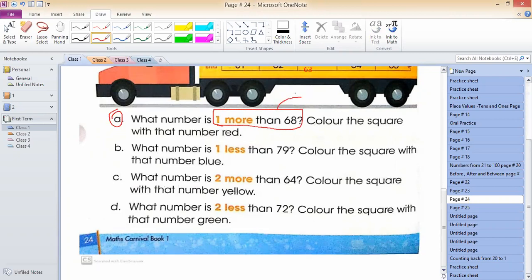You will just check what number comes after 68. In order to find out that, just check in the counting in the number track what number comes after 68. So guys, what number comes after 68?